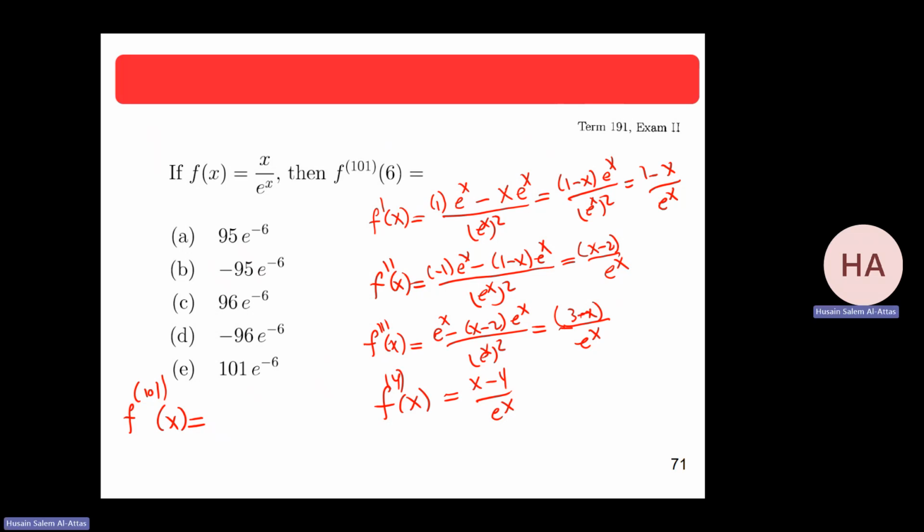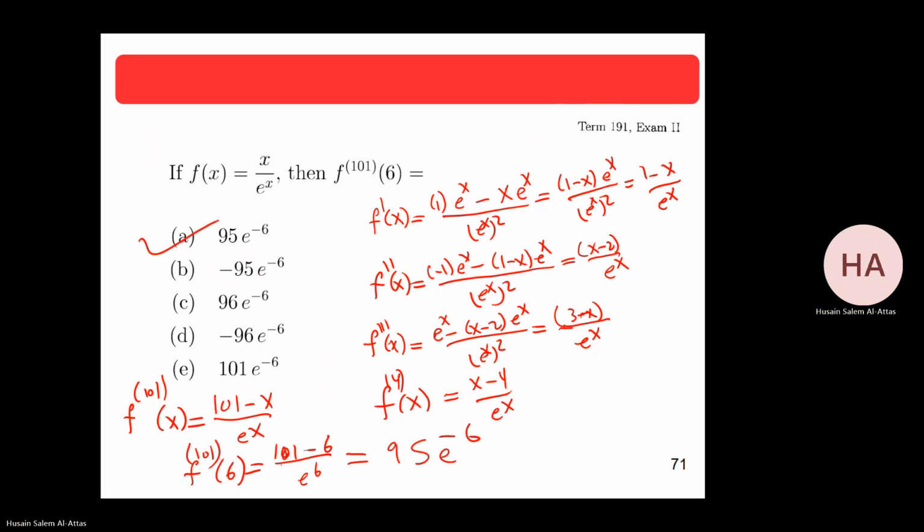So I have this 101 minus x over e to the power x. What they want this at 6. So it will be 101 minus 6 over e to the power 6, which is 95 e to the power minus 6, which is this one.